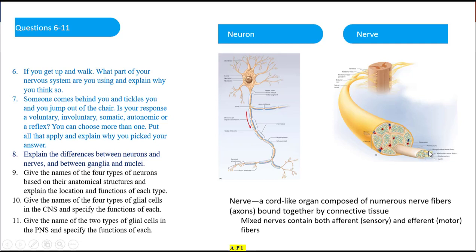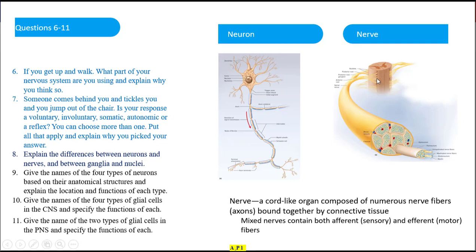Many neurons, because a neuron is a cell, you form a tissue, and the tissue in a nerve is called what? Fascicle. Then when you take a lot of fascicles together, you form the nerve, which will be what? Like an organ, because organs are made of tissues, tissues are made of cells. So the cell is the neuron, the tissue is the fascicle, and the organ is the nerve.